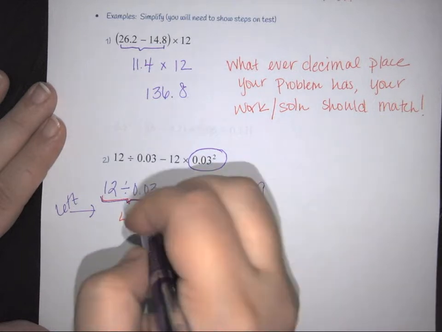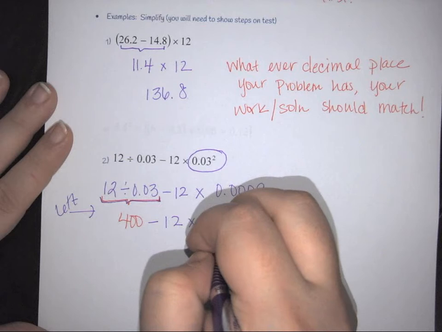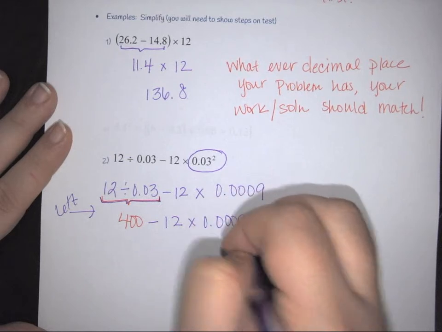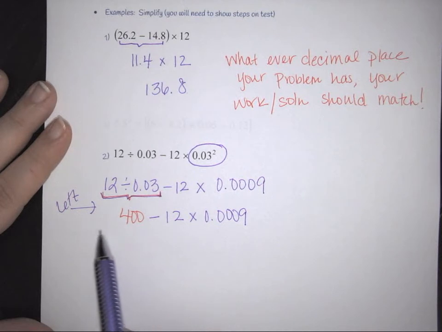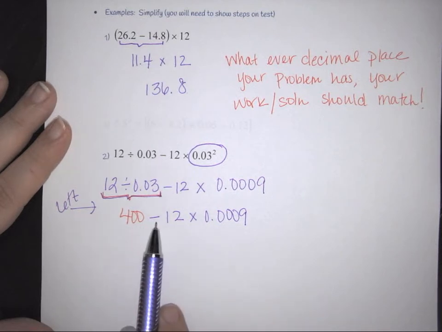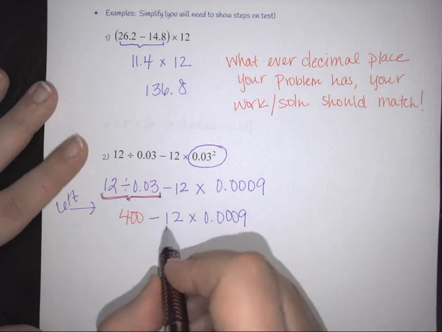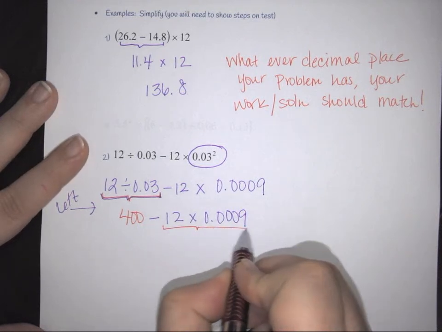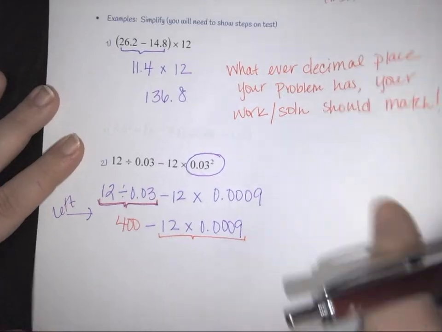And then we have everything else. Minus the 12 times 0.0009. So again, I'm going to go left to right. So I've got 400 minus 12 times. So this right here becomes the next math that has to be performed.